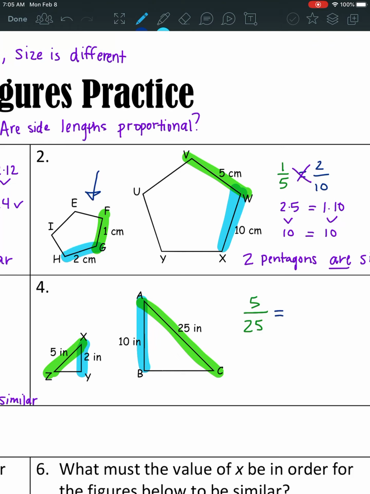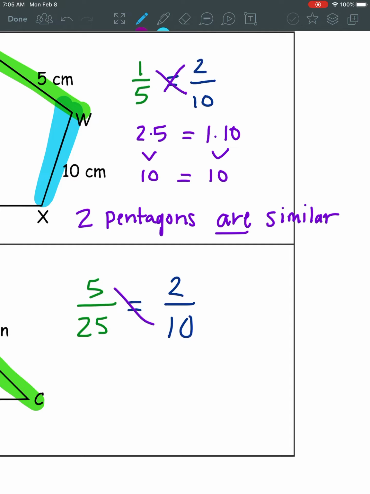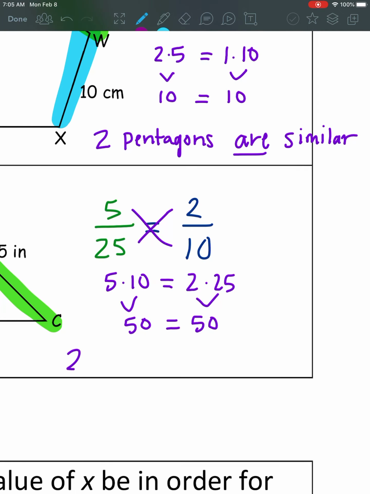So we will put, again, the first triangle on top, and then we will use our cross products to determine, are they equal to each other? So 5 times 10, 2 times 25, 50 does equal 50. So these two triangles are also similar.